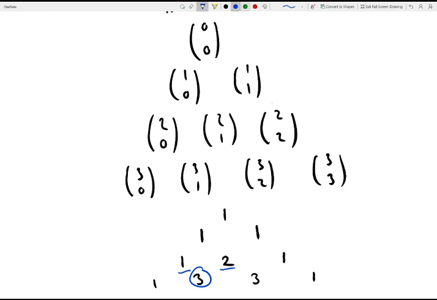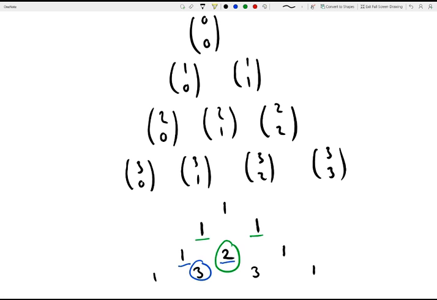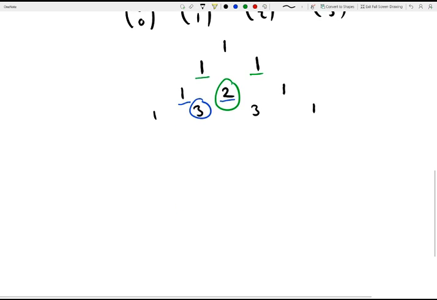Okay, so if we took 2 here, then 2 would be the sum of the two numbers above it, 1 and 1. And we can also say that the second number in the nth row is always n. So moving on, let's talk about the binomial coefficient and how it's actually defined.